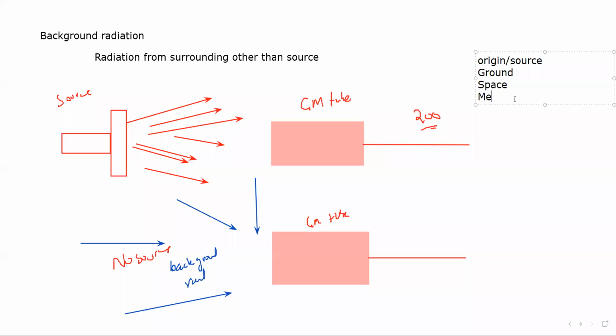Even in the medical field, for treatment of cancer, we are using cobalt, which is also radioactive. So maybe a nearby medical facility or hospital is treating cancer, so that is also emitting radiation. So a detector may record those radiations.